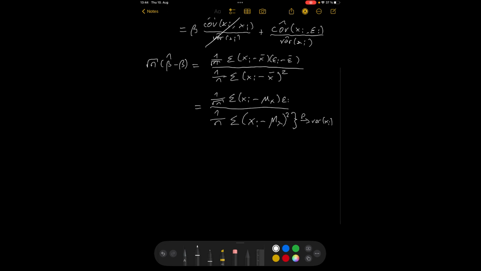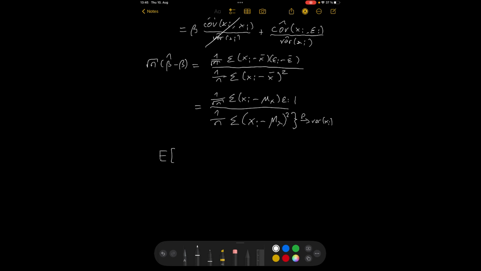All right. What do we do with the numerator, the thing we've got up here? Here, we can actually apply the central limit theorem, believe it or not. So what's the expectation of that thing we've got up there?